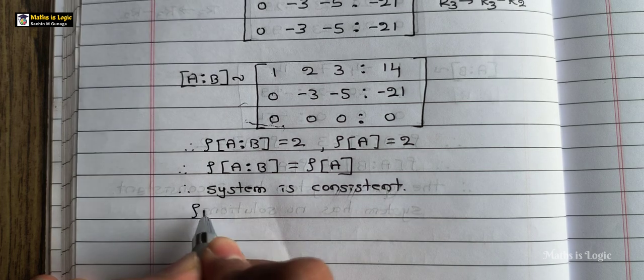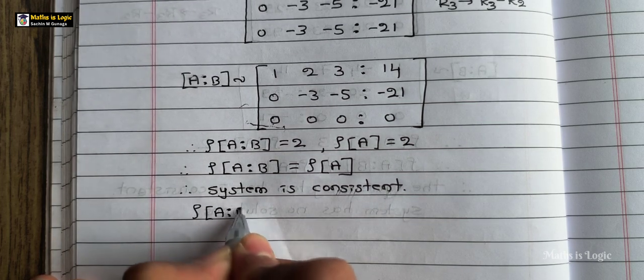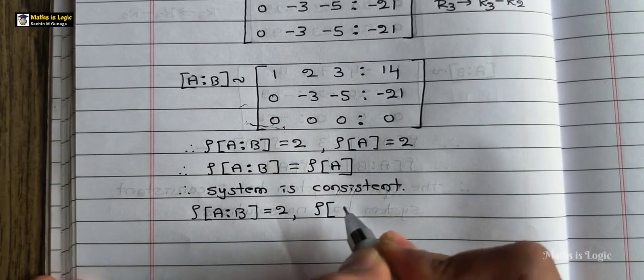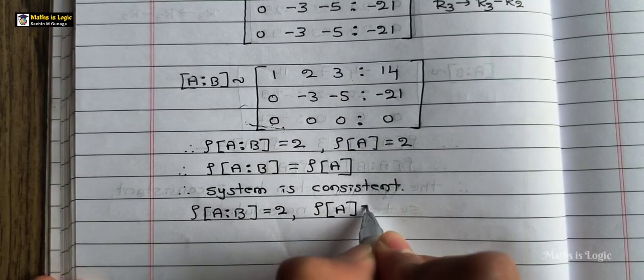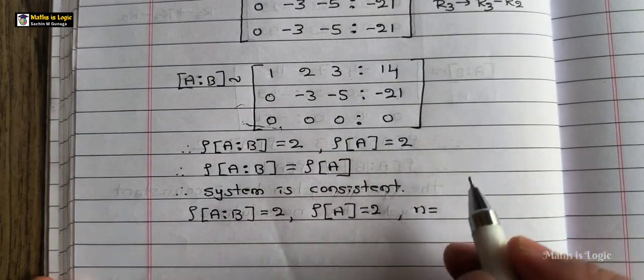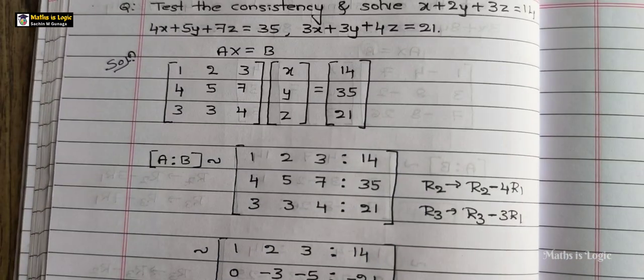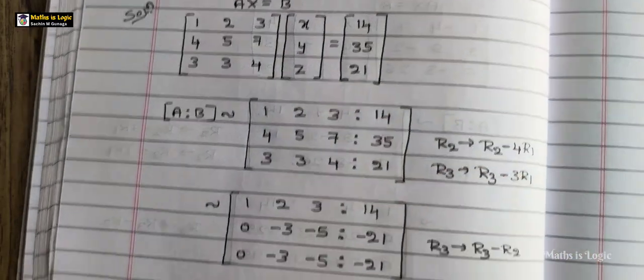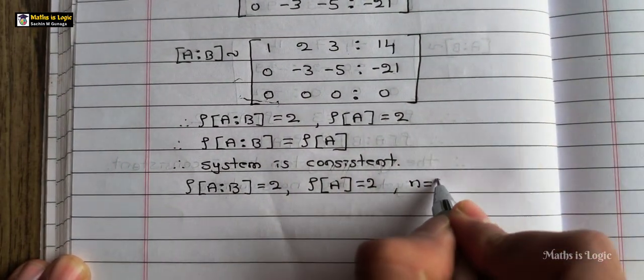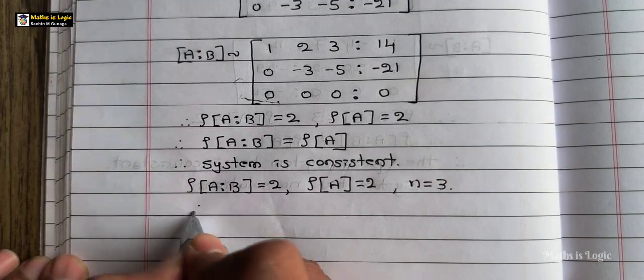Now the rank of the augmented matrix is 2. The rank of A is also 2, but how many unknowns are there? 3, correct? x, y, z. Therefore, what are we getting here?